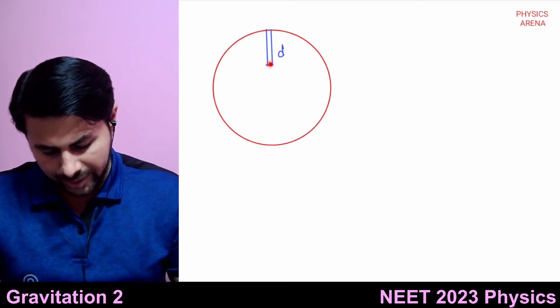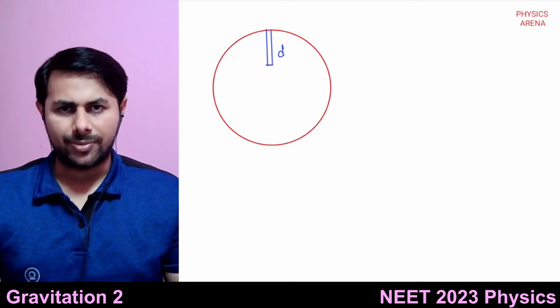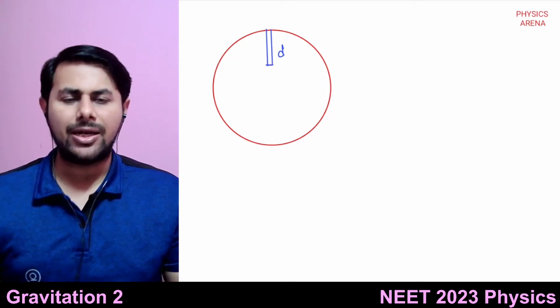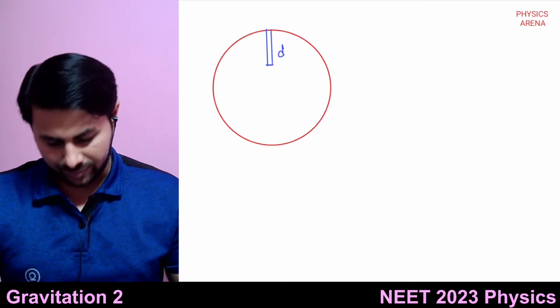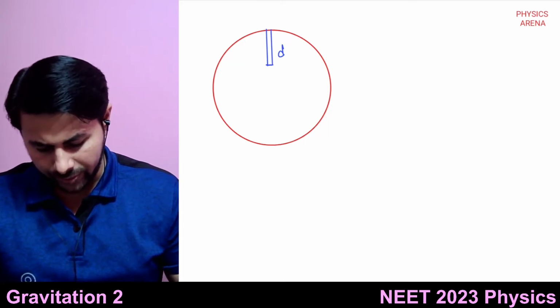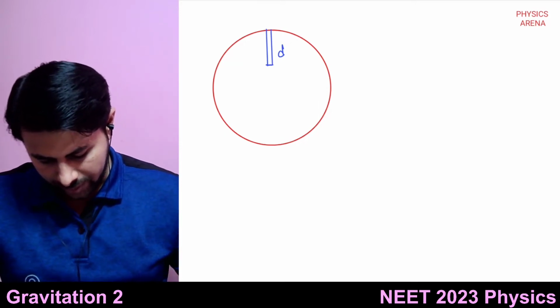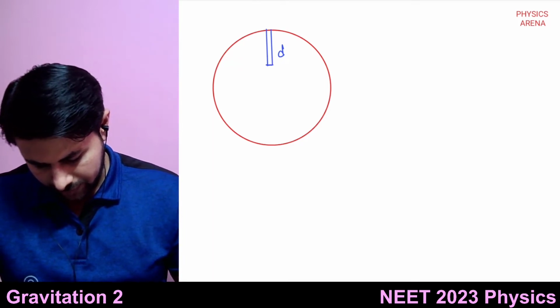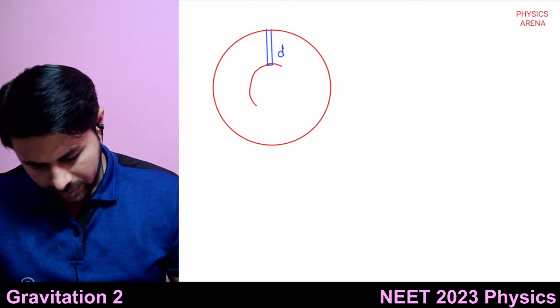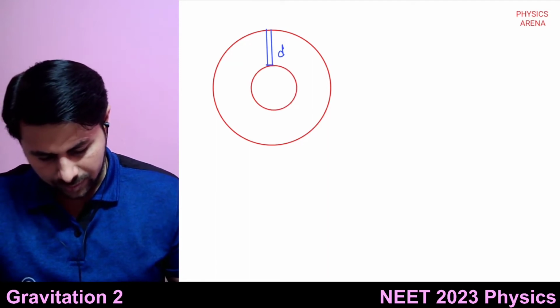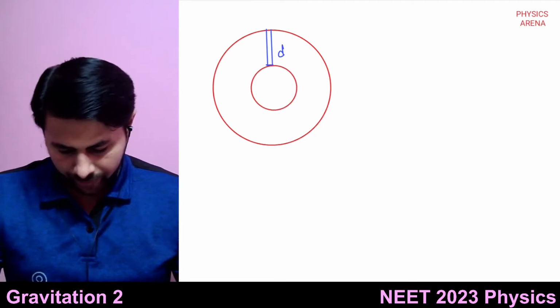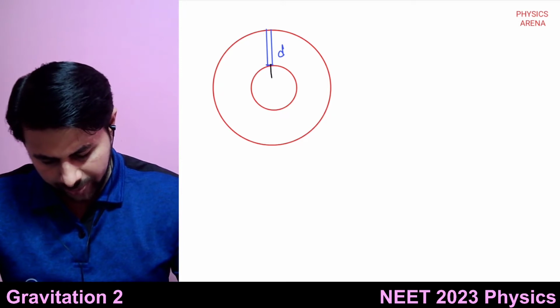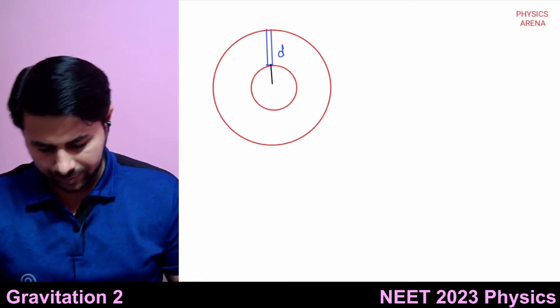And suppose somebody goes here, then what will happen? How much will be the value of acceleration due to gravity? This is what we have to find out. So how much would be this distance then?